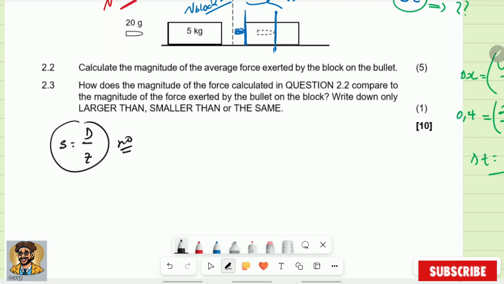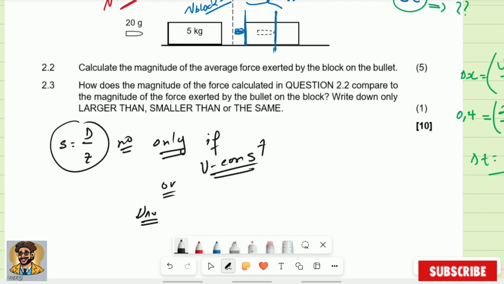No. This one is only if velocity is constant, or for average speed. Do you understand? This formula is not correct for this question. It's a wrong formula for this question.